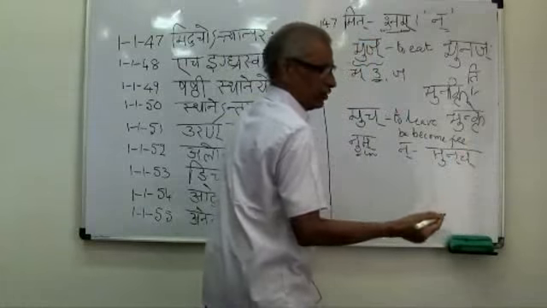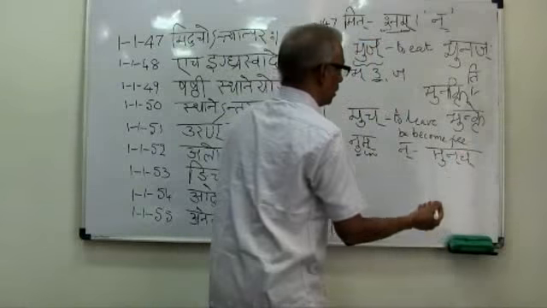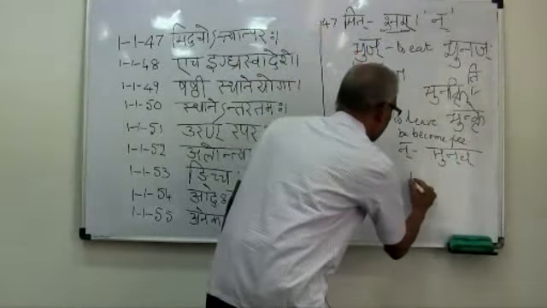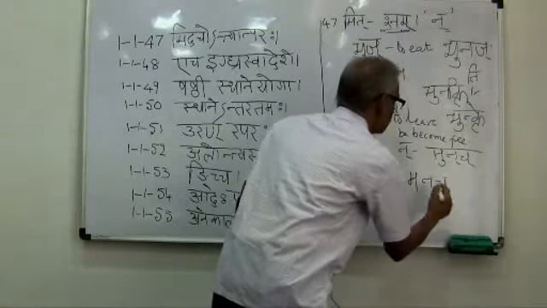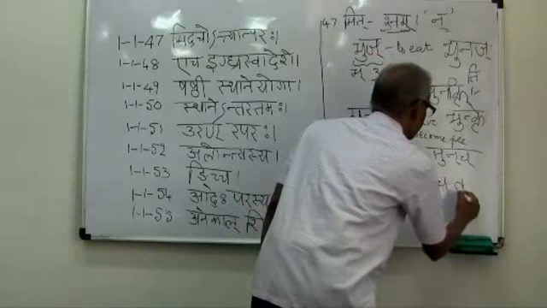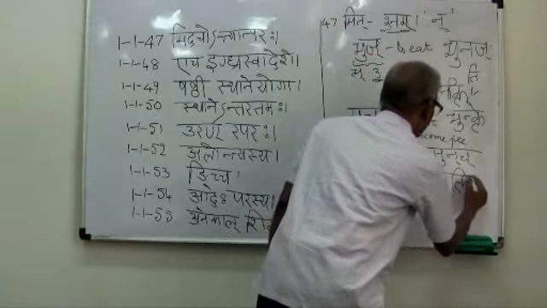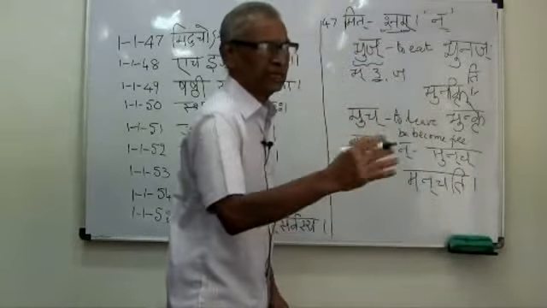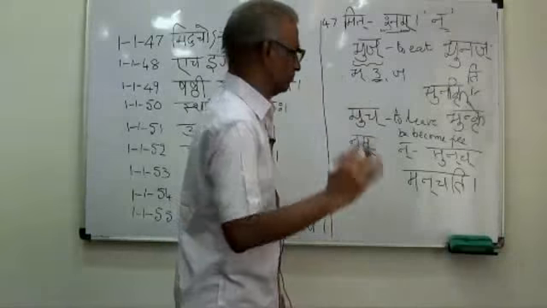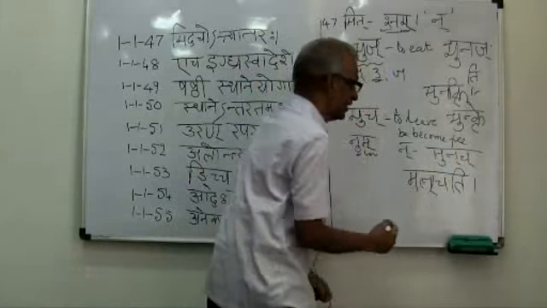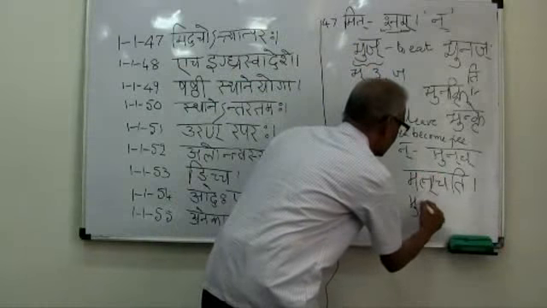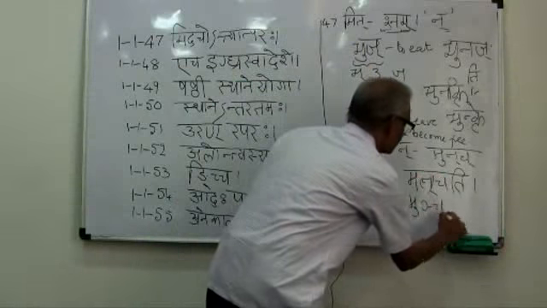So when you prepare the present tense, it will be munch plus ti. Munchati means he leaves. He makes him free. Here, nakara, because of another rule of sandhi, will become nyakara.